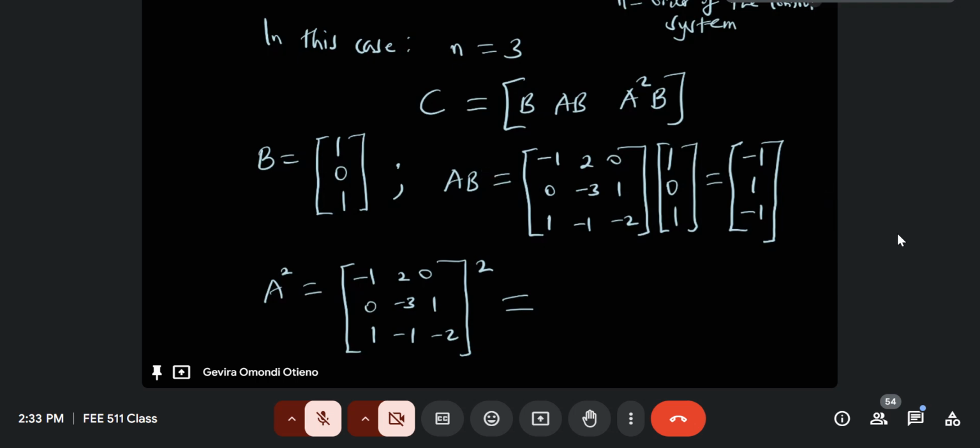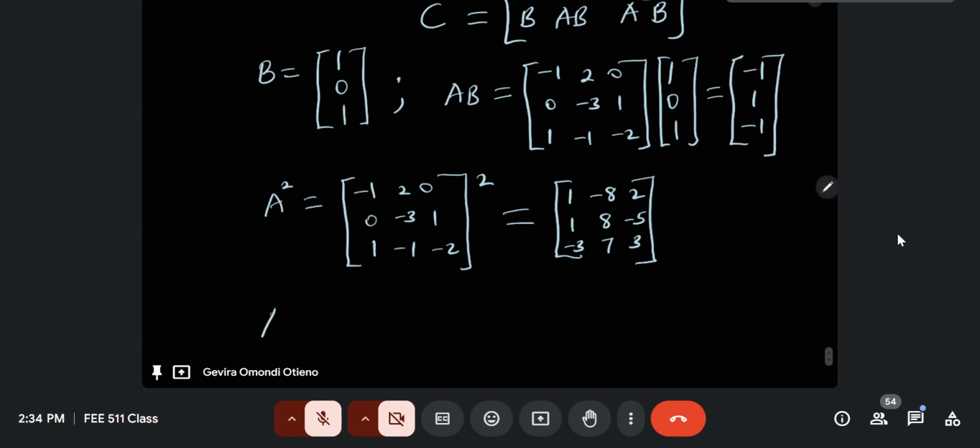If you square this, you should find, please check that I don't give you wrong solutions, it's 1, -8, 2, 1, 8, -5, -3, 7, and 3. And so I'm looking for A squared B, which is going to be this matrix times B.